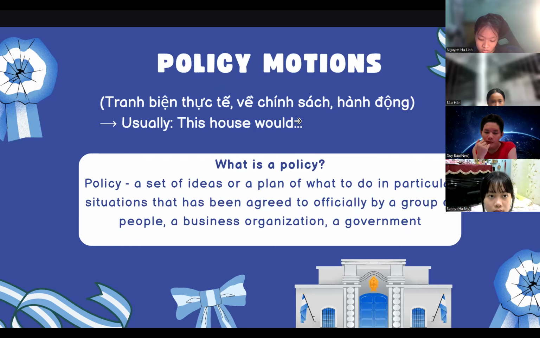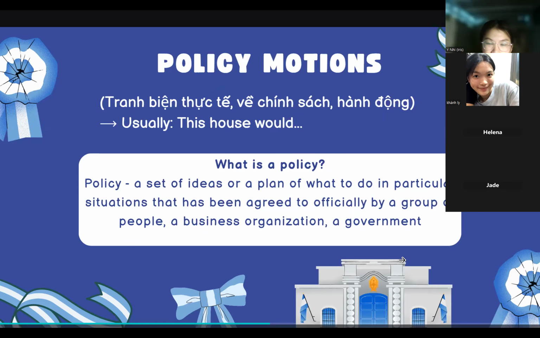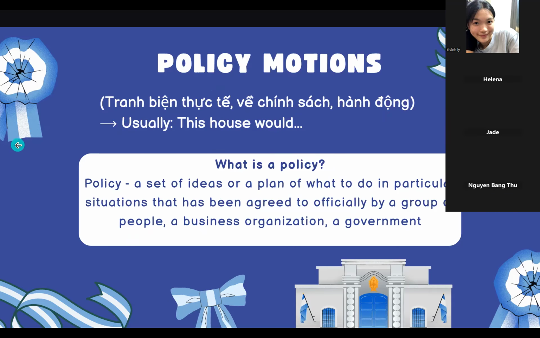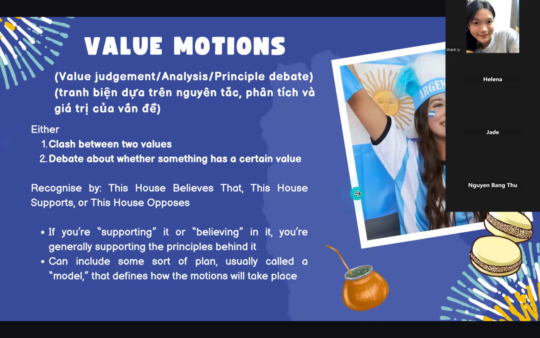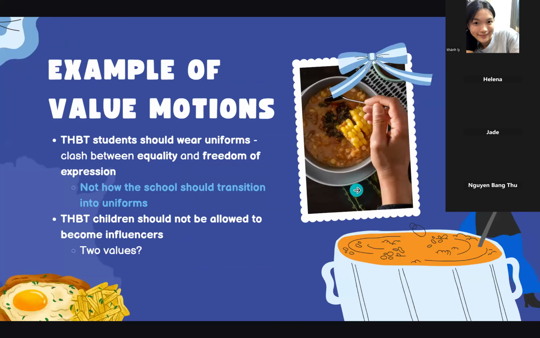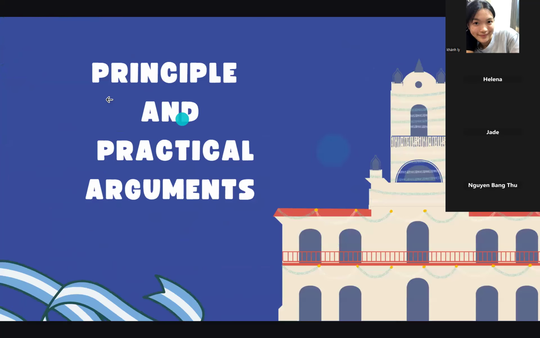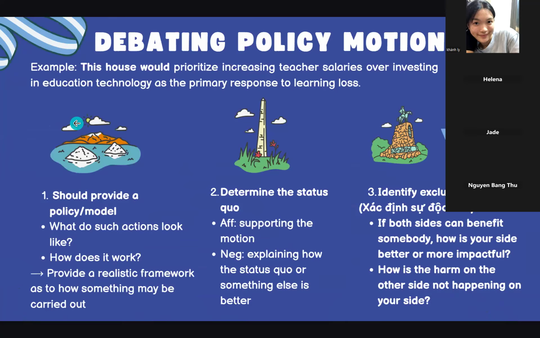For those who come late, you don't have to worry, because in the first part we are just learning about three main types of motions, which is only something that you can understand. Later we will learn the main part, so don't worry.